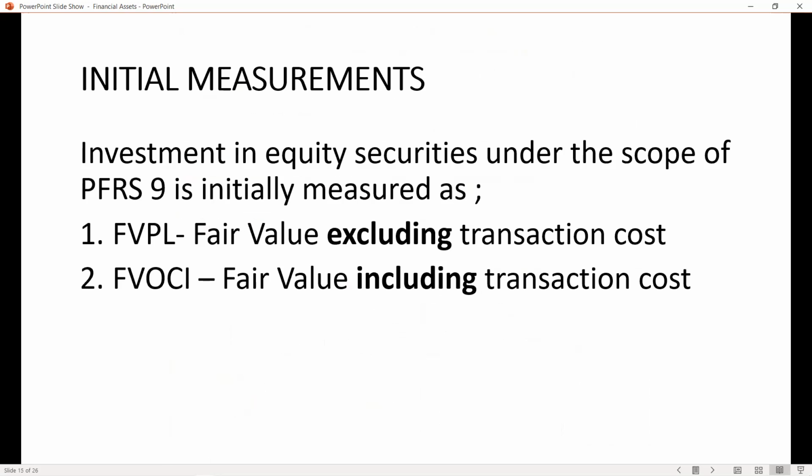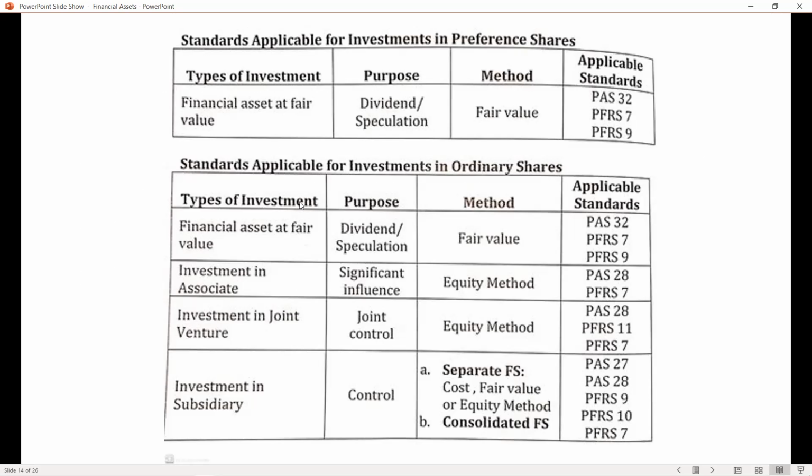So, ito yung initial measurement ng equity securities under the scope of PFRS 9. So, ano yung under the scope of PFRS 9? Again, ito yung all preference share and all ordinary shares that are below 20%. Ito lang.